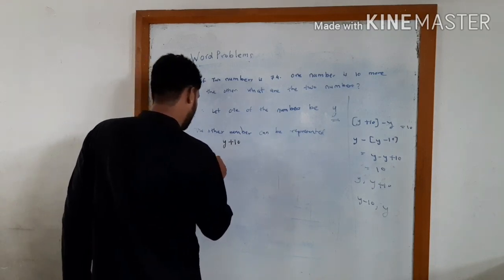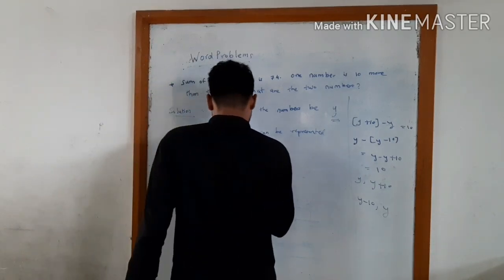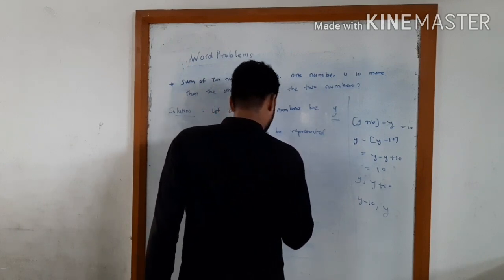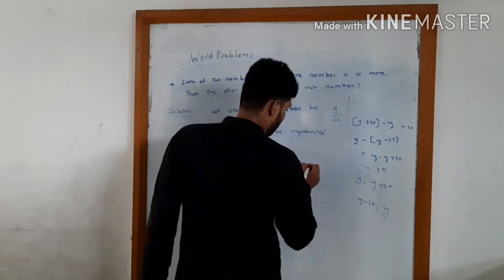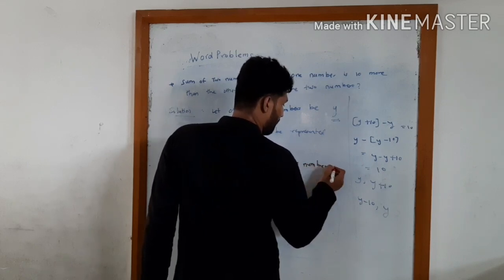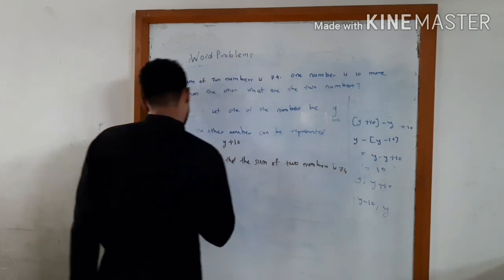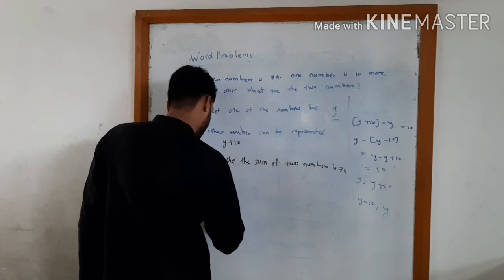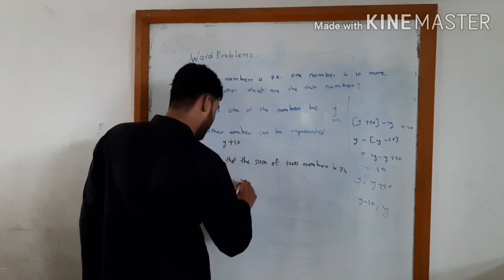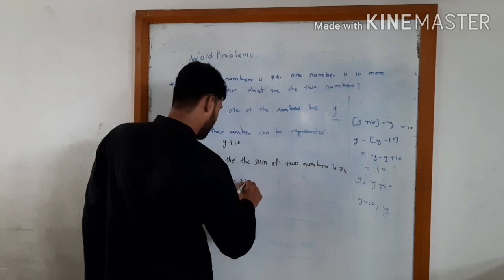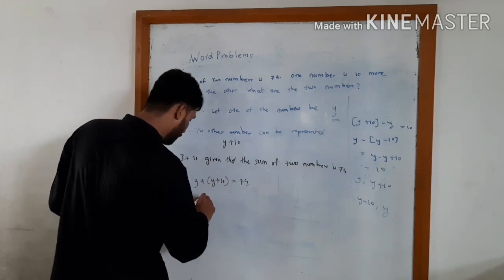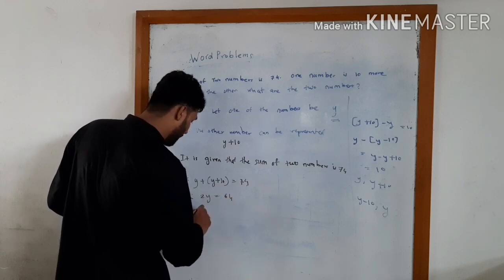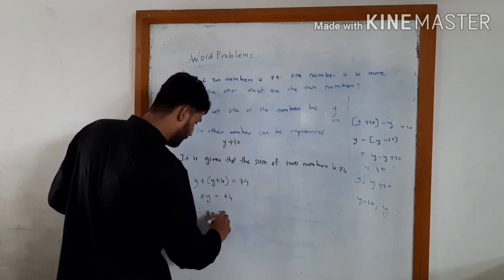It is given that the sum of two numbers is 74. Therefore, we can write y plus y plus 10 is 74. Therefore, 2y is equal to 74 minus 10 is 64. Therefore, y is 32.